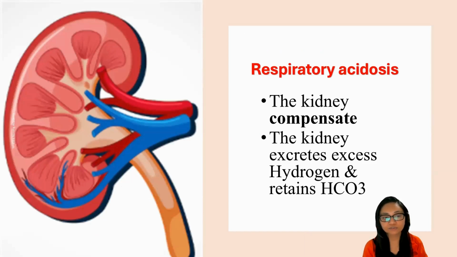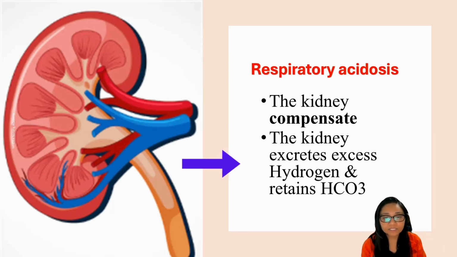If there is an issue with the lungs, the kidney will compensate, and if there is any issue with the kidney, the lungs will compensate. So in respiratory acidosis, the kidney will excrete the excess hydrogen ion in the urine. Hydrogen ion is the acid, and the kidney will excrete it in the urine and retain the bicarbonate, which is base, in order to maintain acid base balance.